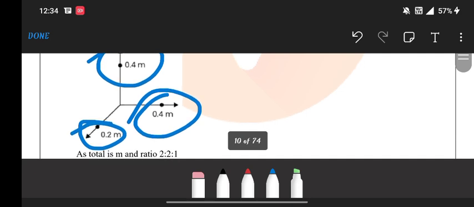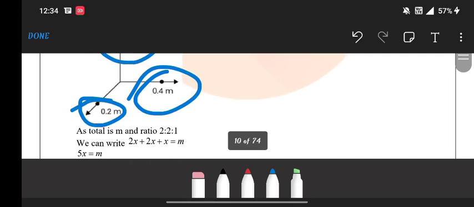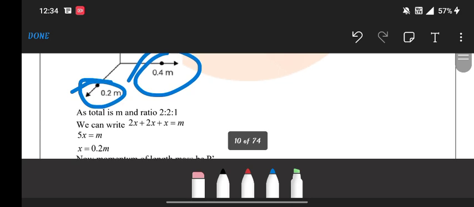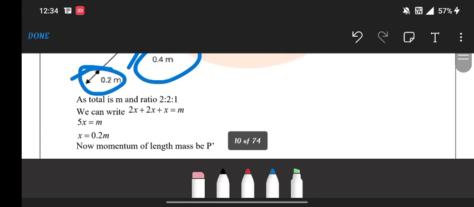So we can write 2x plus 2x plus x is equal to m. Therefore 5x is equal to m.